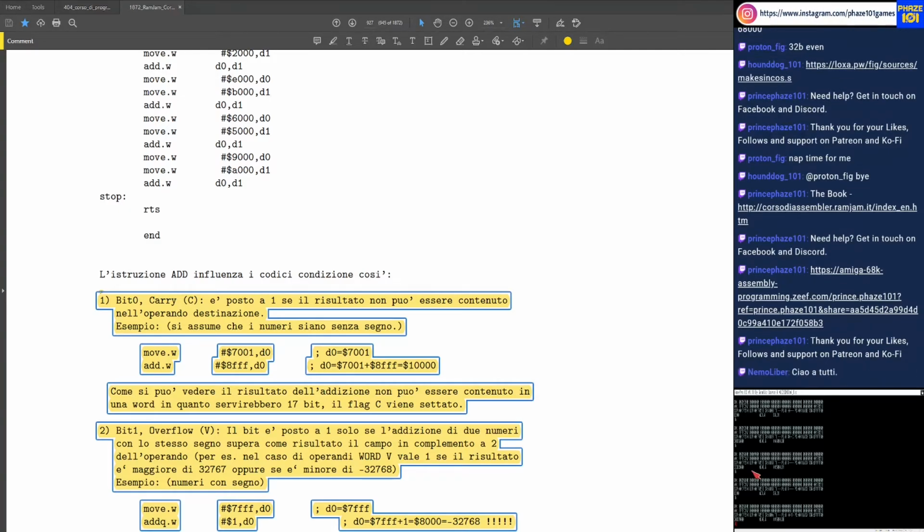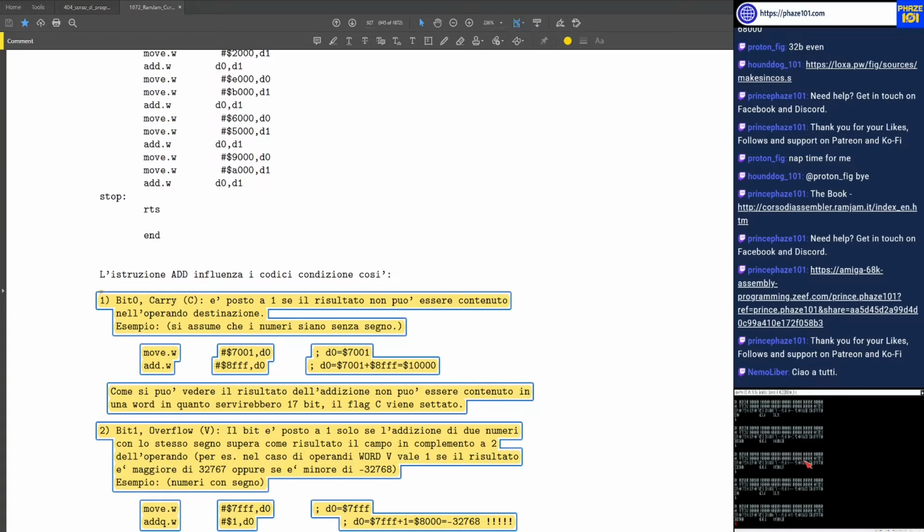Hence, B000 for two positive numbers is correct. But if we were considering negative numbers, then that answer will not fit, because the maximum number that we can have in a word is 7FFF, as positive, I mean.